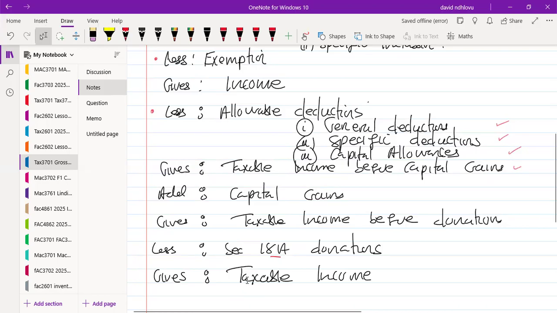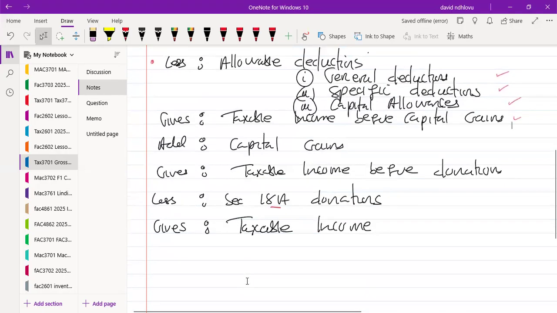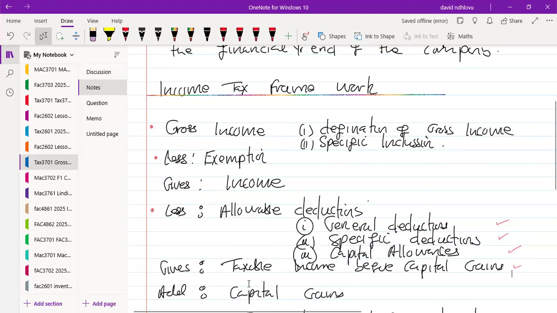If you are doing 2601, you do a lot of theory questions there. Some of the questions will ask you specifically on the framework. They will say in multiple choice, income or gross income minus exemption equals to, they'll give you 5 options. You choose the correct one.